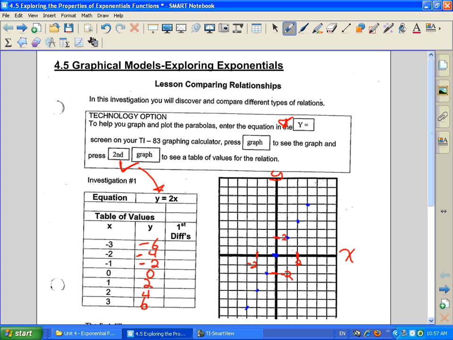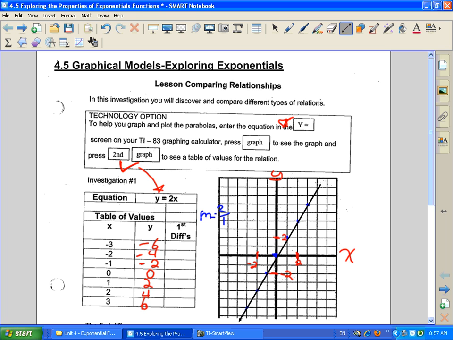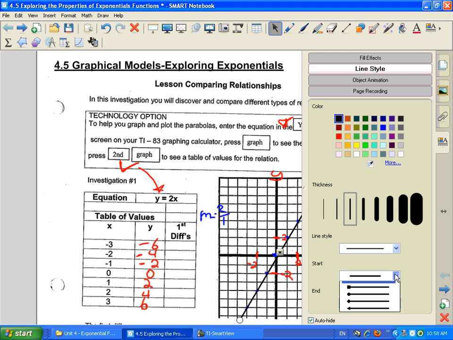I'm starting at b, and my rise is 2 for every one run. So the slope would be rise over run, m equals 2 over 1. So from your origin, you go up 2 over 1, up 2 over 1. And you're going to draw a straight line. Okay, let me just use my line to do that. I'll just quickly change the ends so that they have arrows on them. And I might just change the color so it's blue.